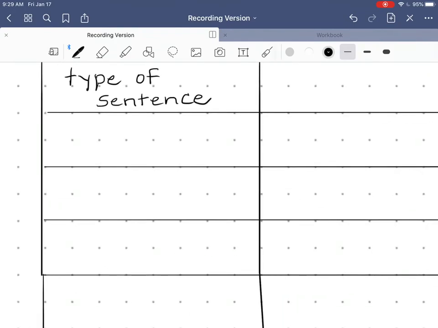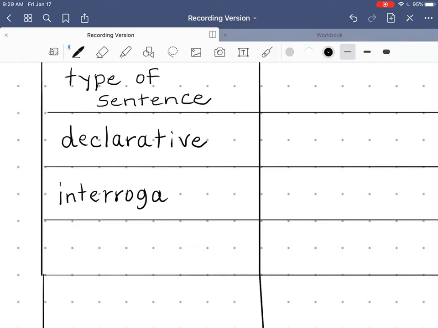The first, and by far the most common, I believe it's about 90% of sentences, are declarative. And I'm going to tell you what that means. Just hang in there with me. Interrogative. That is a big word.